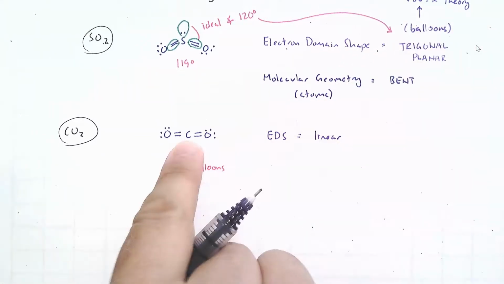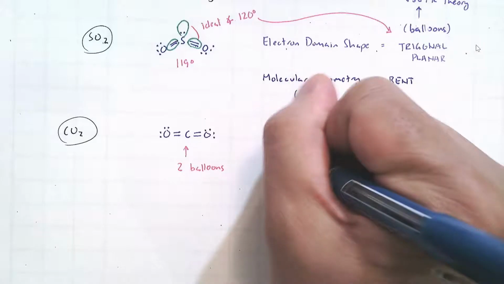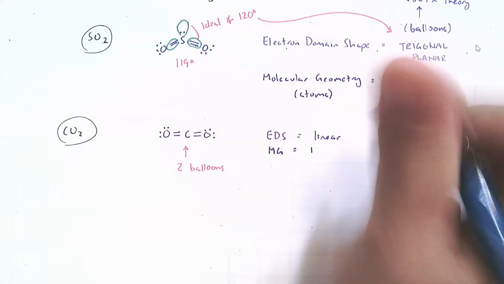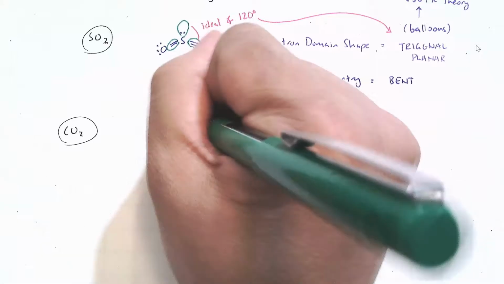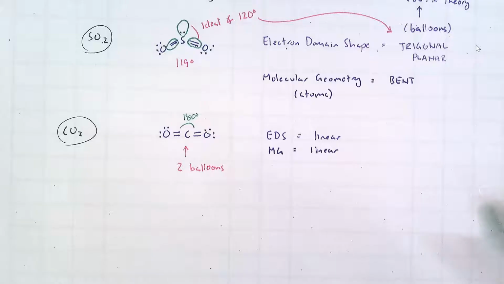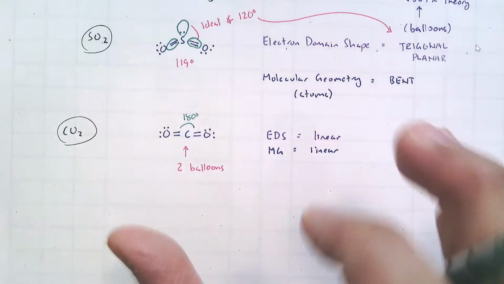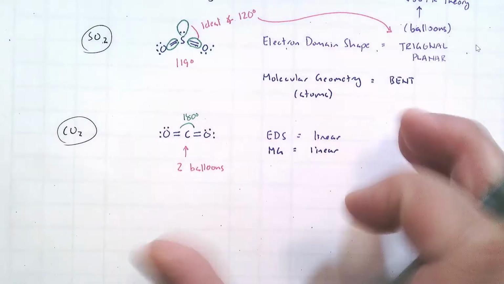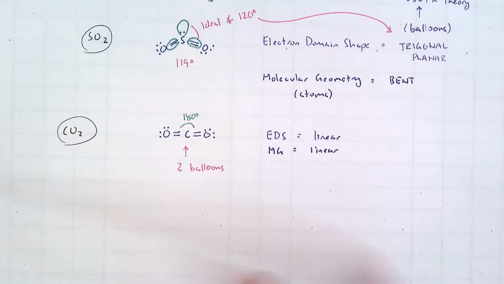The central atom has no lone pairs. We would predict that the molecular geometry is bent. Oh, sorry, not bent, linear. We would predict that this bond angle is 180 degrees. Okay. And for now, that's all the information that I want to talk about. That's linear. Okay.